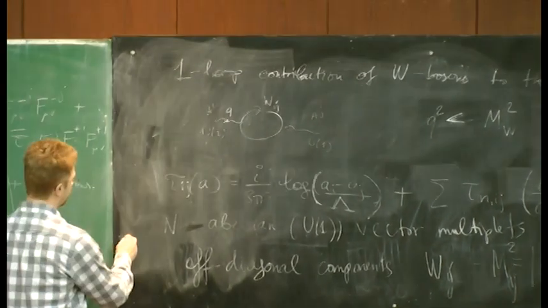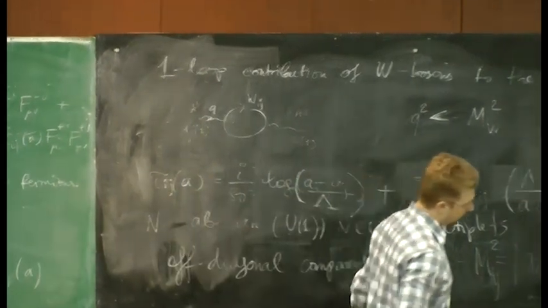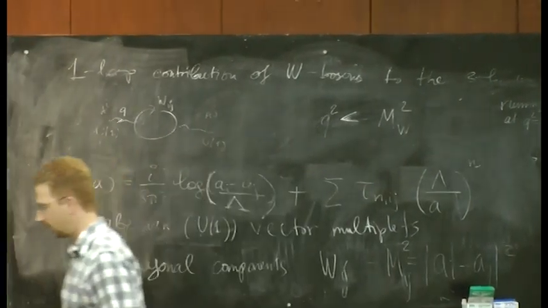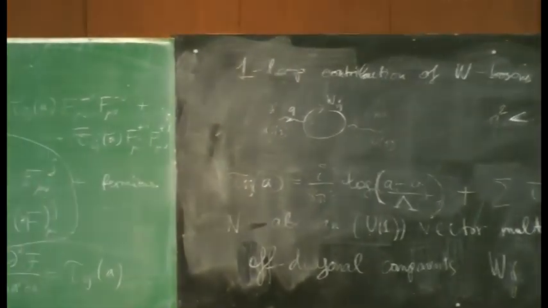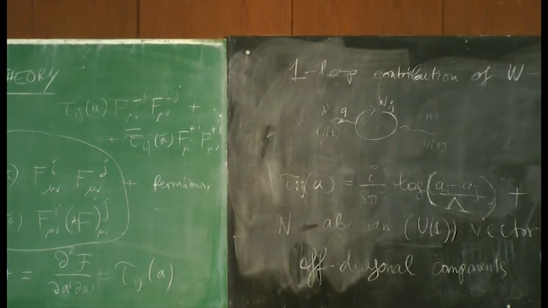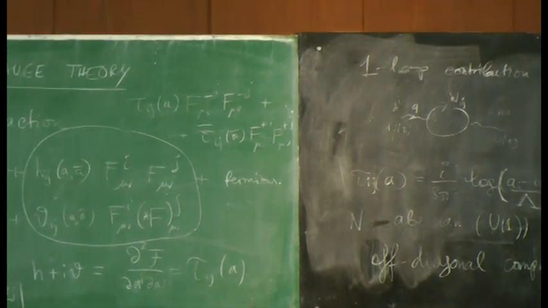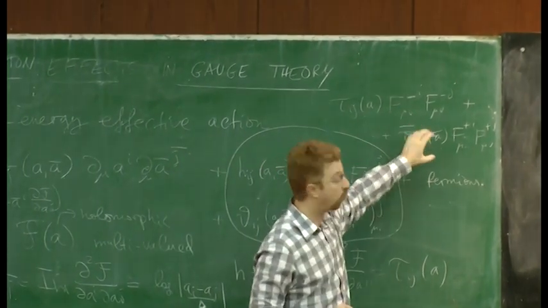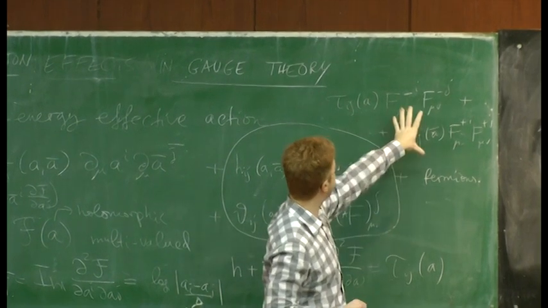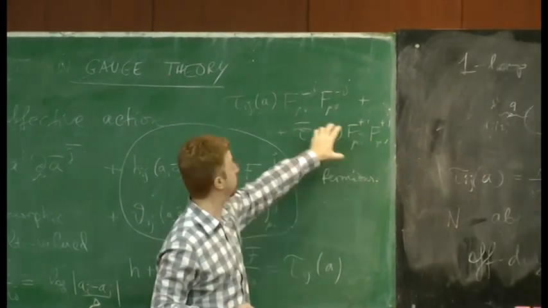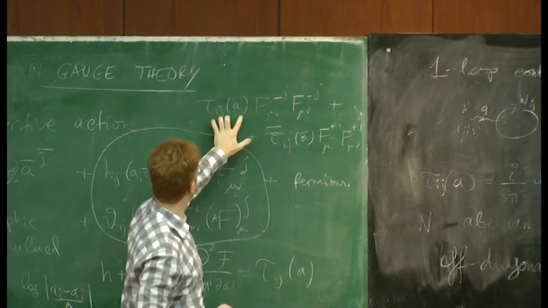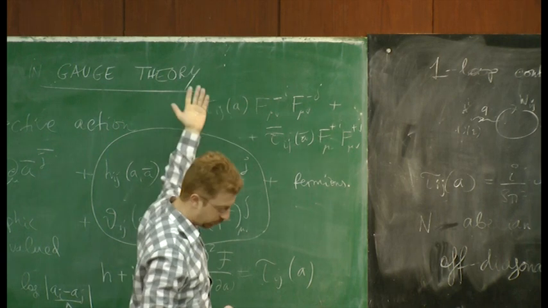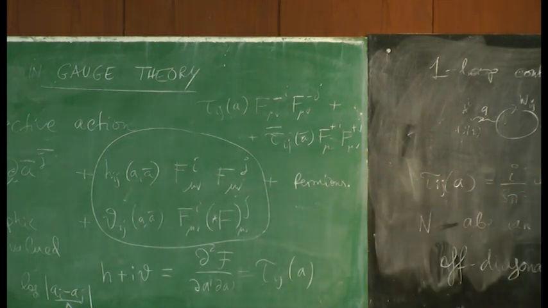One approach is to do the background field computation in the background of an instanton, where in this effective action, if F plus is equal to 0, you still have F minus, and then you can detect the coefficient in front of the F minus squared term to read off the effective coupling.